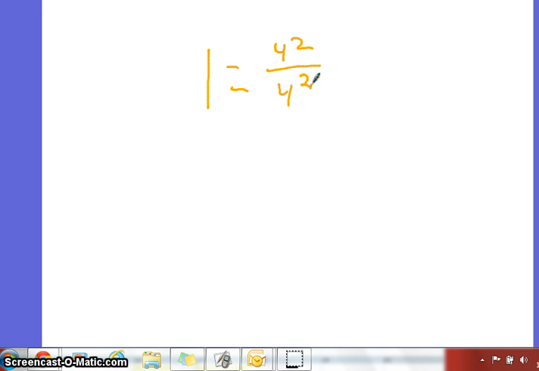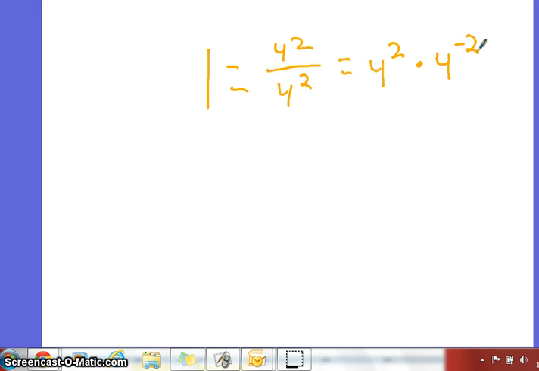So, with what we've been learning today, what that problem actually looks like is 4 squared times 4 to the negative 2 power, because we want to get this up here. Okay?